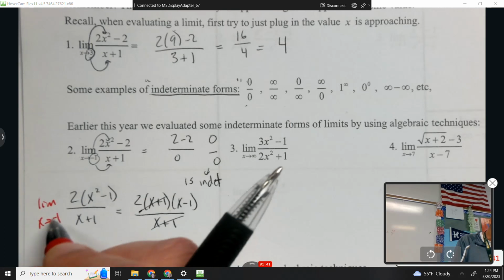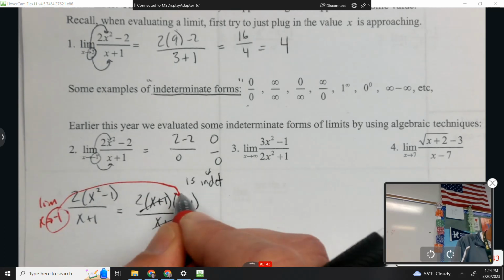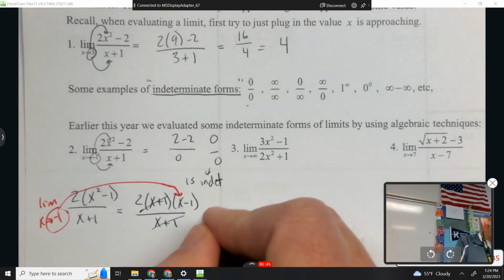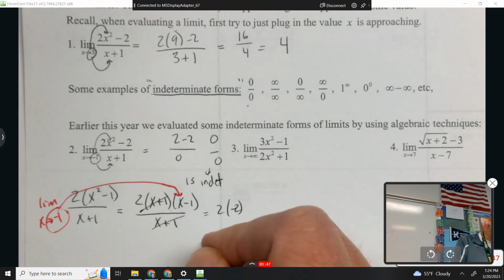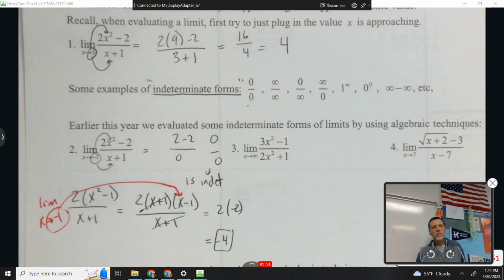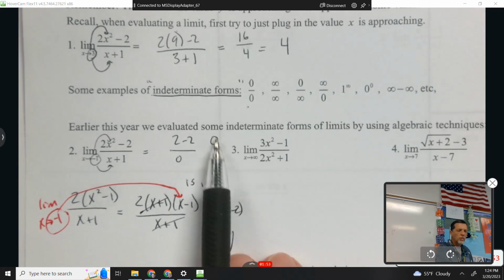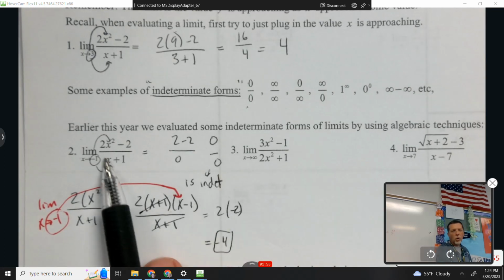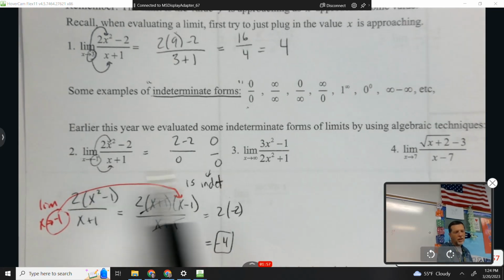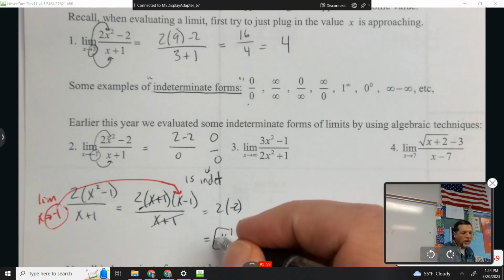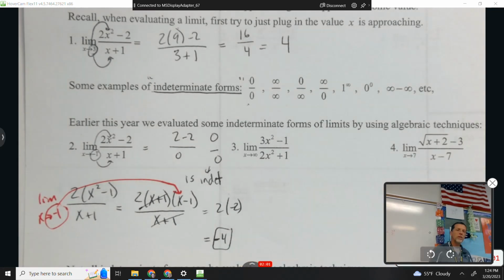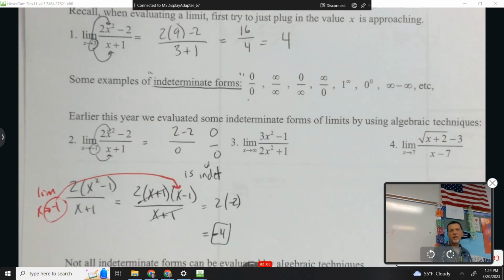Limit as x approaches negative 1: 2 times negative 2 is negative 4. So with 0 over 0, there was probably a hole in this equation at negative 1, but the y value of the hole is negative 4. So the limit is negative 4.